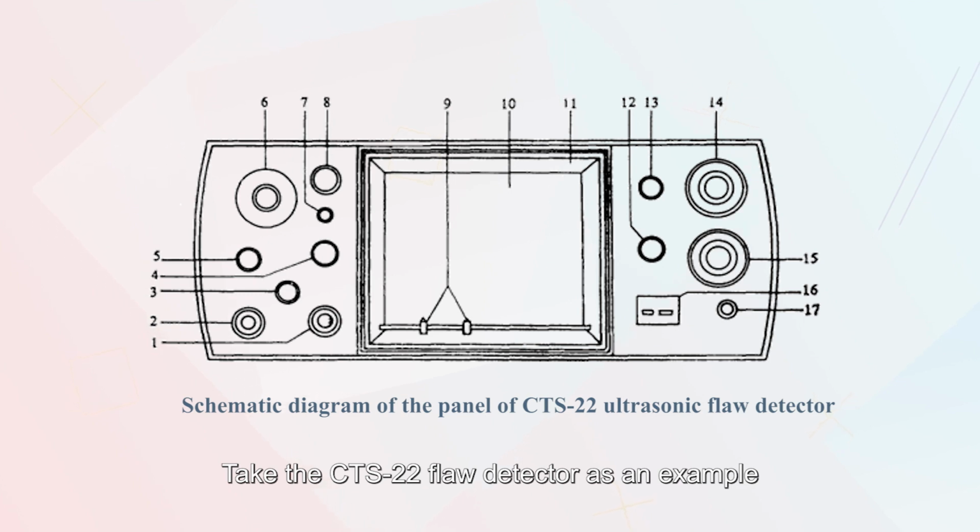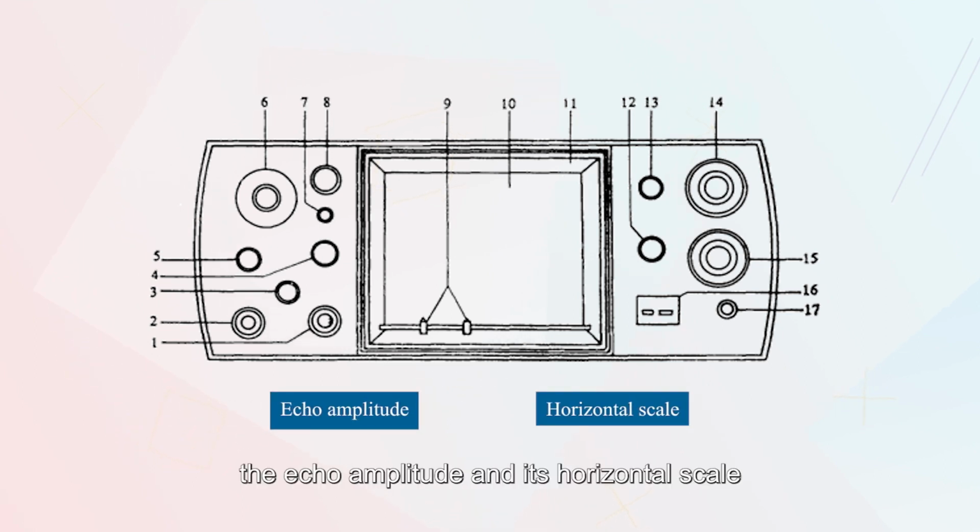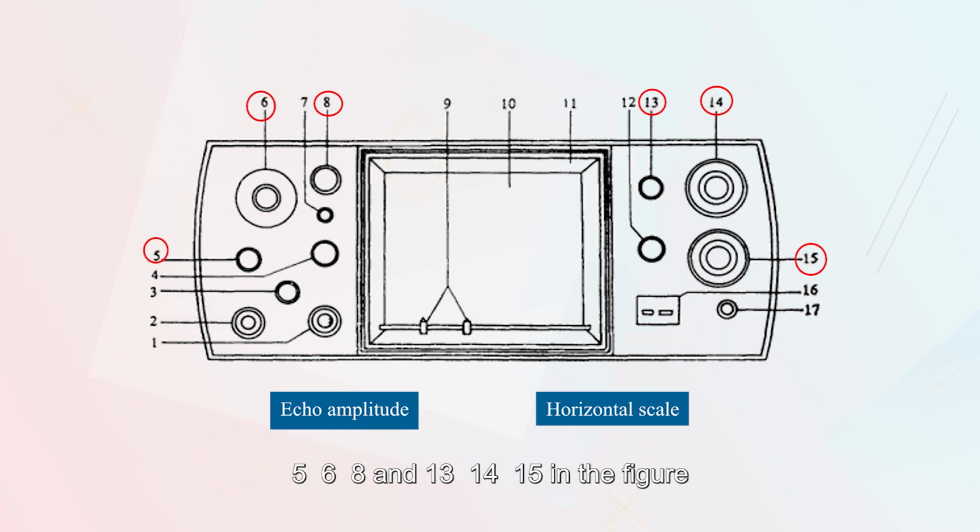Take the CTS-22 flaw detector as the example. In practical ultrasonic testing, the echo amplitude and its horizontal scale on the display screen often need to be adjusted. The corresponding knobs are mainly 5, 6, 8, and 13, 14, 15 in the figure.